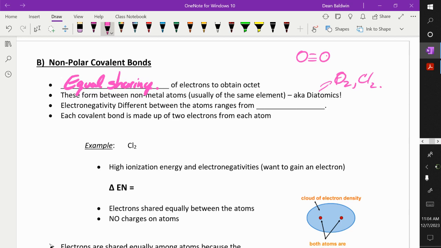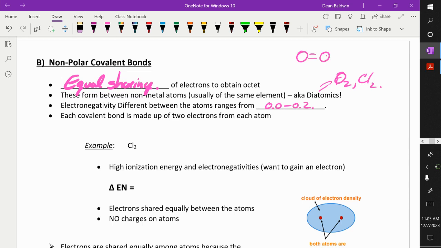So there's no net charge. Chlorine as well. They do have a range, though. It's 0.00 to 0.2. So if you have a small electronegativity difference, and oxygen's a double bond, not a triple bond, then you know it's going to be, we call that nonpolar.